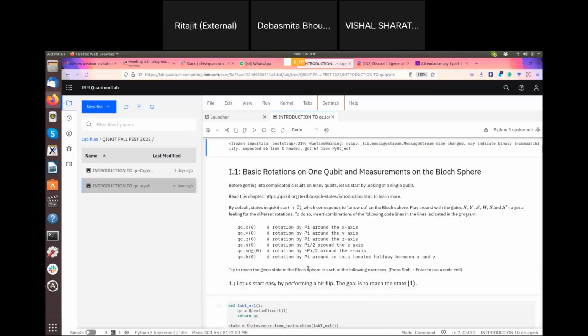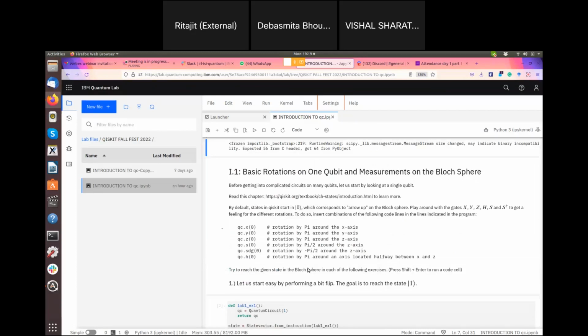So first we import the libraries, and then let's see how a qubit is represented in Qiskit. We have already seen a qubit that can be 0, that can be 1, that can be in a superposition of 0 and 1. And we have already known about gates like the X gate, Y gate, Z gate, and there are some other gates. We will learn this in the following week.